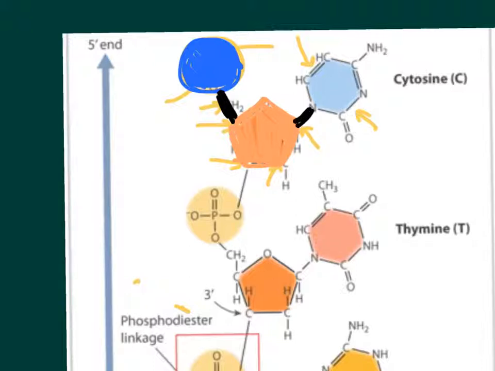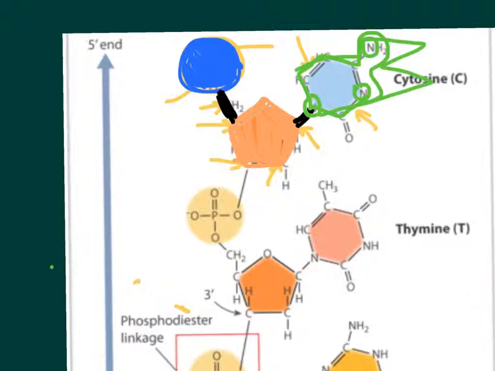Here's the bond leading us to our nitrogen base, where, of course, we can find our nitrogens. So that's where we get nitrogen base. And those are usually just drawn as a rectangle with a shape on the end. See how our cartoon fits with the real version?